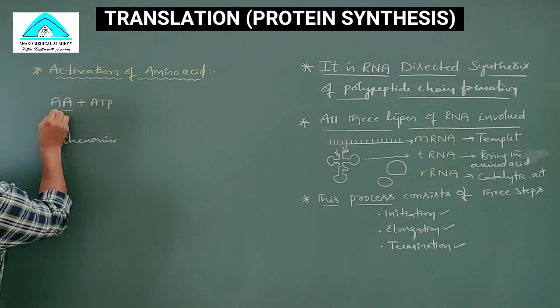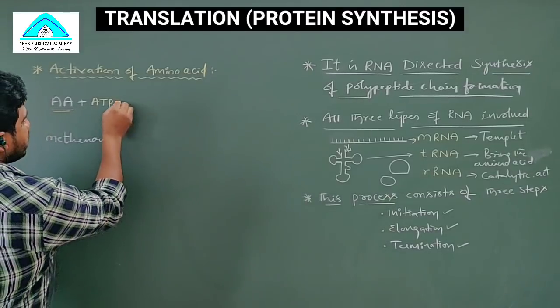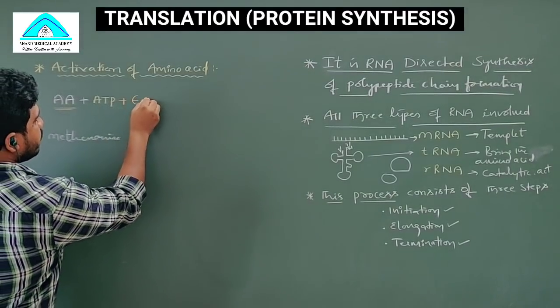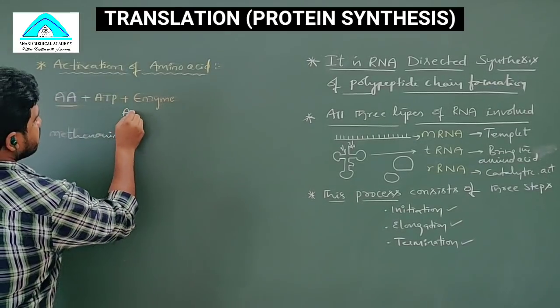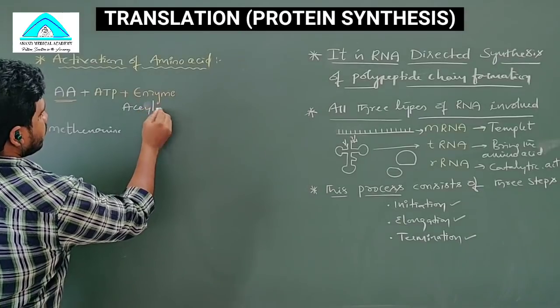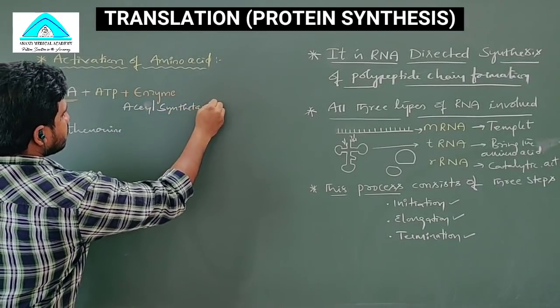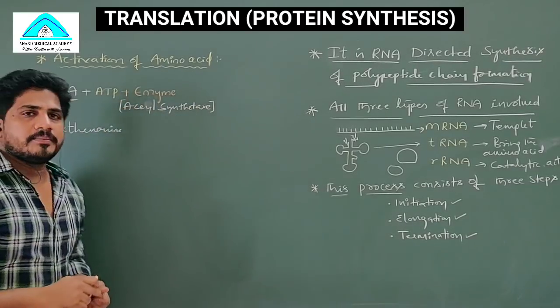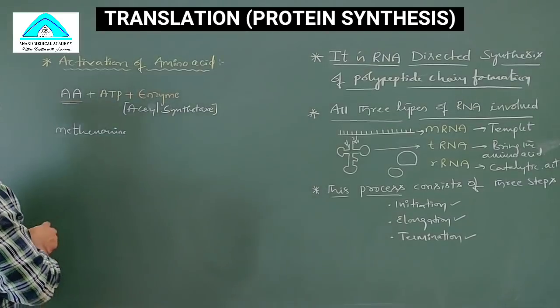To convert this amino acid into its activated form, what is required? An enzyme is required. That enzyme's name is aminoacyl synthetase. Aminoacyl synthetase is an enzyme. Later we will come to it.